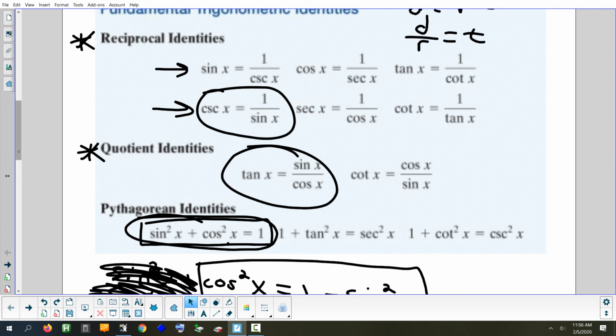Chris? Yeah, the 1 plus tangent squared equals secant squared. That one. Tangent squared plus 1 equals secant squared. That's a Pythagorean identity. I know ours says tangent squared plus 1, but that's the same as 1 plus tangent squared. It's like 5 plus 2, 2 plus 5. It's the same thing. So 1 plus tangent squared equals secant squared.